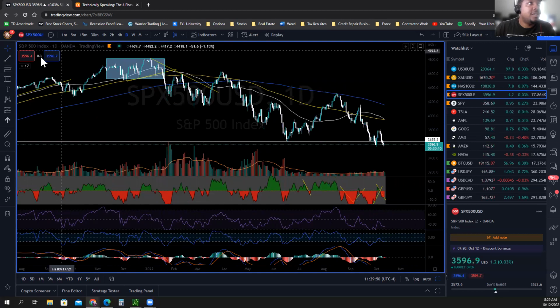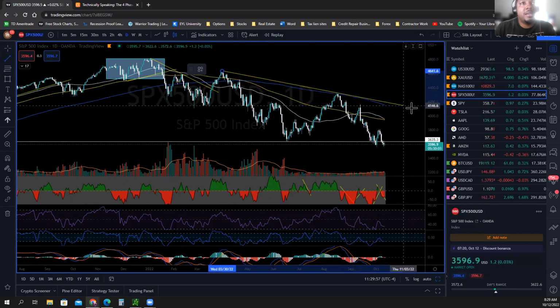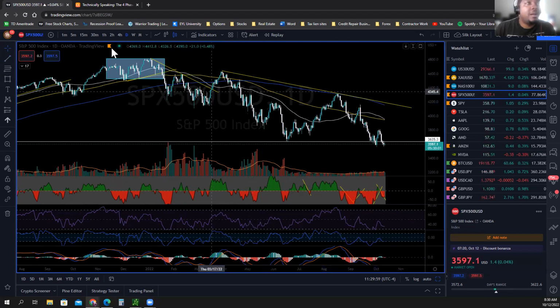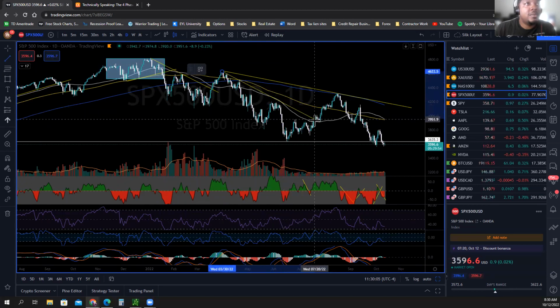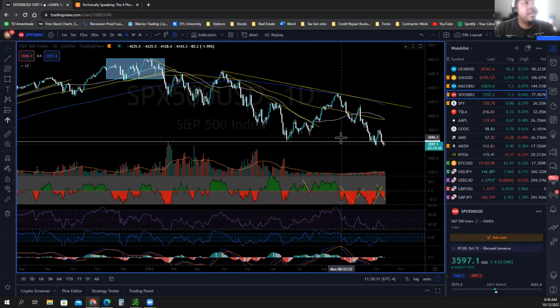Now, what do I do to enter the market, right? I enter the market off of trend lines, off of support and resistance lines.